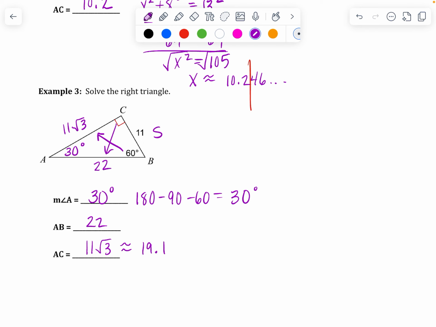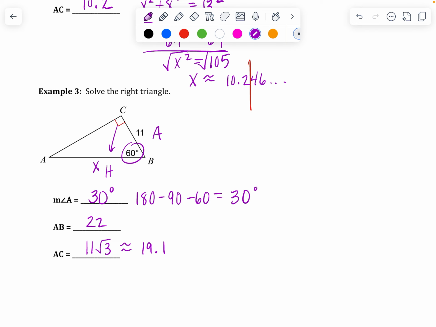Now, if you don't have your special right triangles memorized, you can actually use trig. So if we're solving for, let's just pick a side, let's pick AB. If you're solving for AB, you can use trig because you have that reference angle is 60. X is your hypotenuse because it's across from your 90. 11 is your adjacent because it is next to your 60.